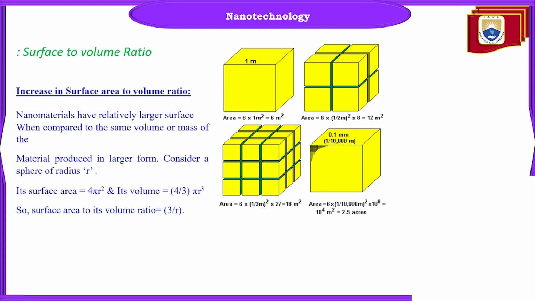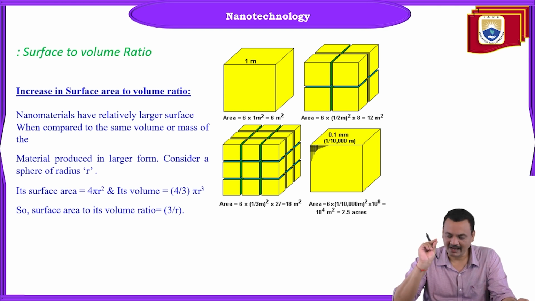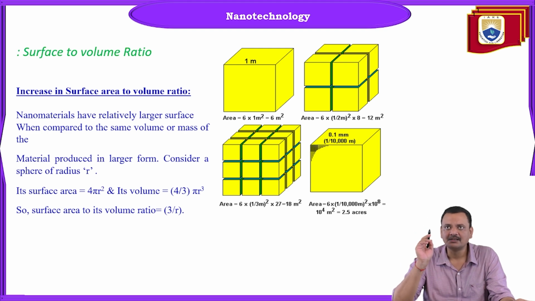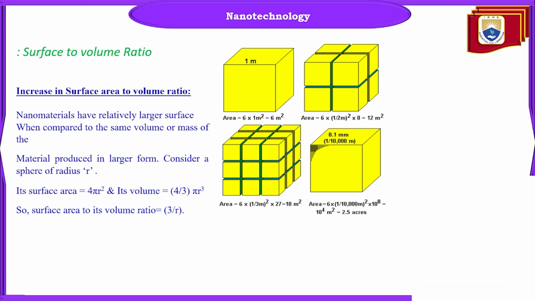So, surface to volume ratio. Once you take a very small piece of nano objects, having around 0.1 mm, what happened?